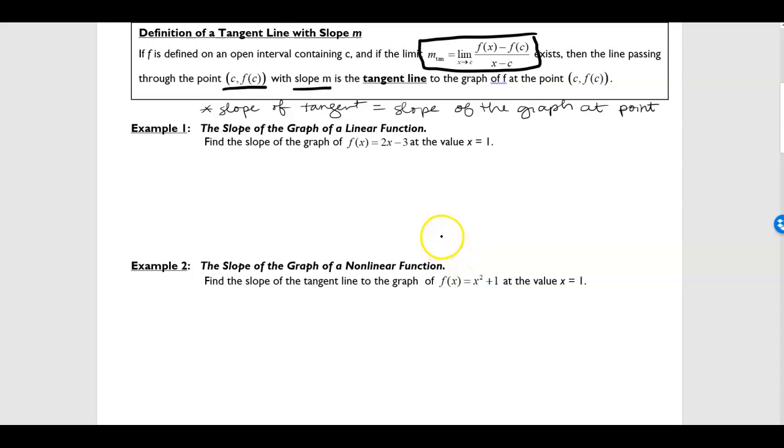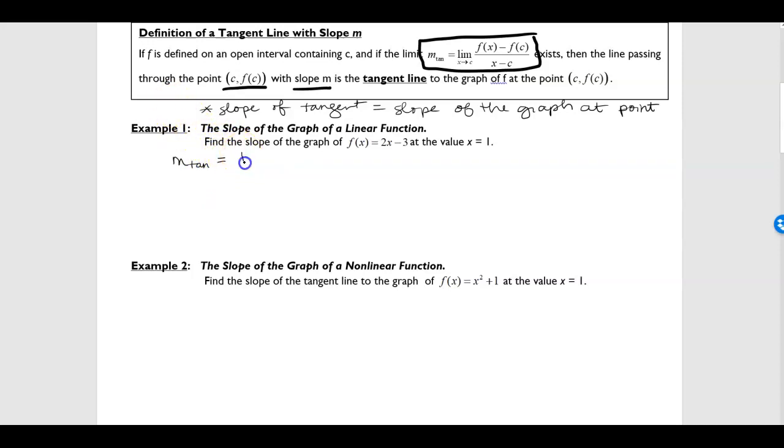In example 1, it asks us to find the slope of the graph of f of x equals 2x minus 3 at the value x equals 1. That's the same thing as finding the slope of the tangent line. So we're going to use our formula, m sub tan, the slope of the tangent line.